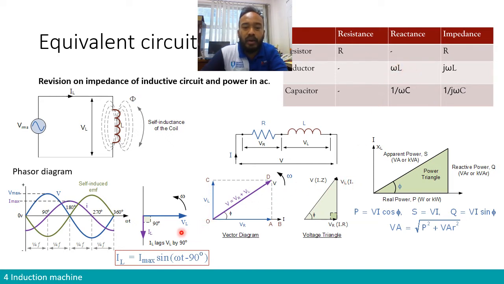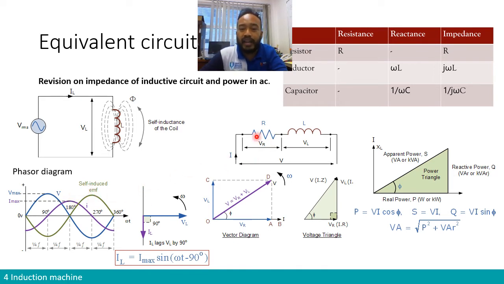So if we draw a phasor diagram, how much delay, how much phase shift do we have? Basically, the current is always lagging 90 degrees behind the voltage. So we can see the peak of the current is 90 degrees behind the peak of the voltage. And if you want to write the equation of the current, i_L equals I max sine omega t minus 90 degrees. So 90 degrees is basically the phase shift behind the voltage.